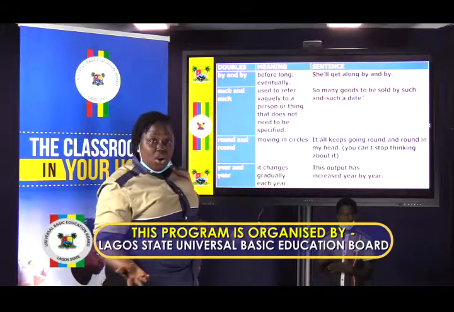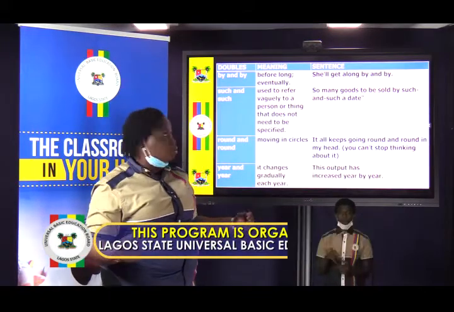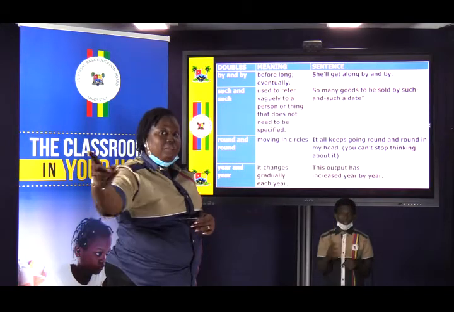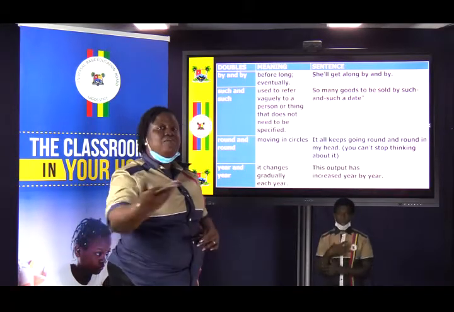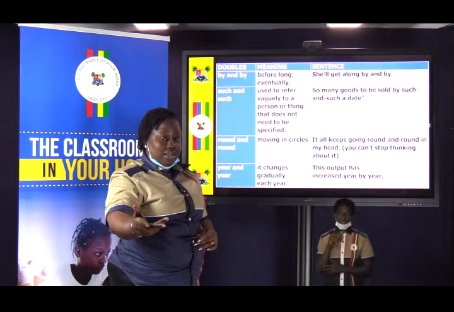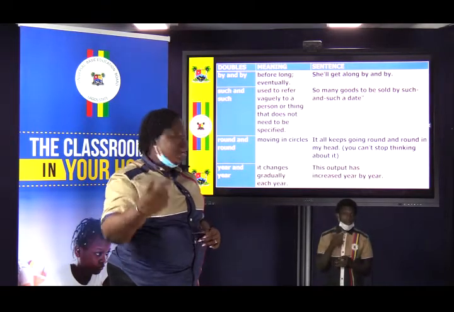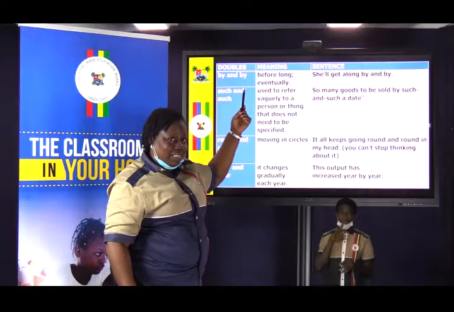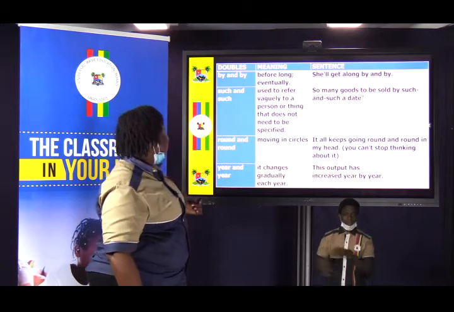It means before long or eventually. We can have a sentence like, she'll get along by and by. She'll get along eventually. Are we together? So the word that is doubled is by. Are you getting it? Well done.